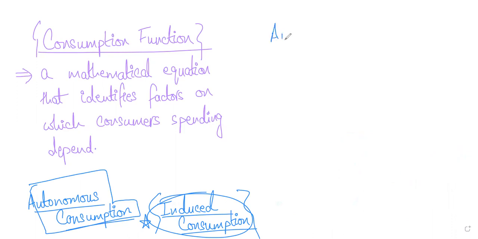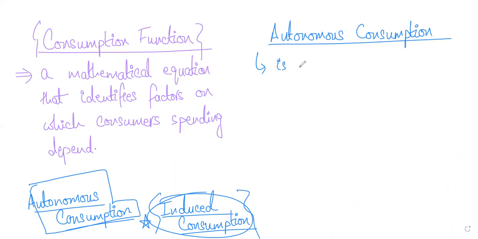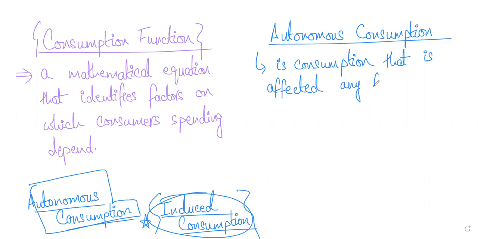So autonomous consumption is consumption that is affected by factors apart from income of a consumer. Autonomous consumption is consumption that is affected by any factor above.